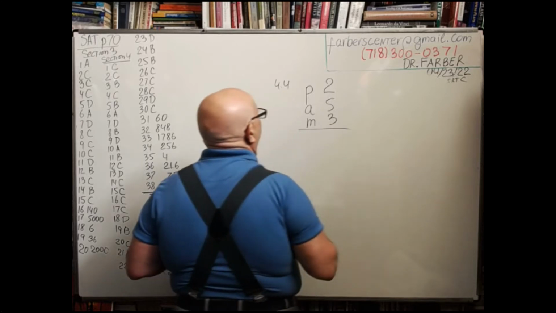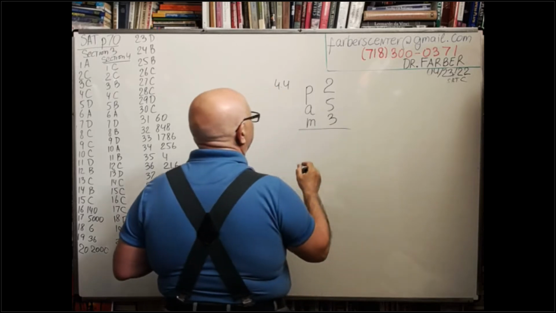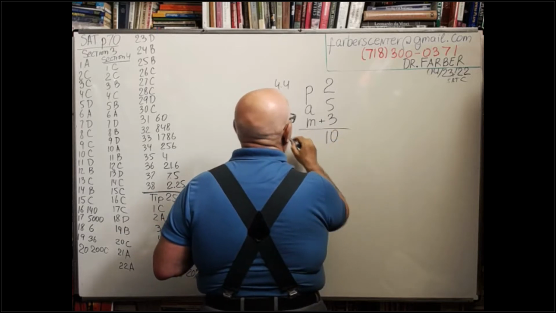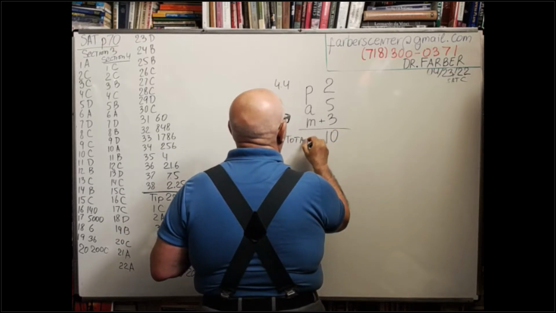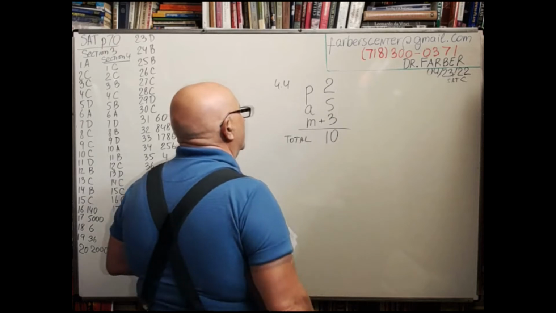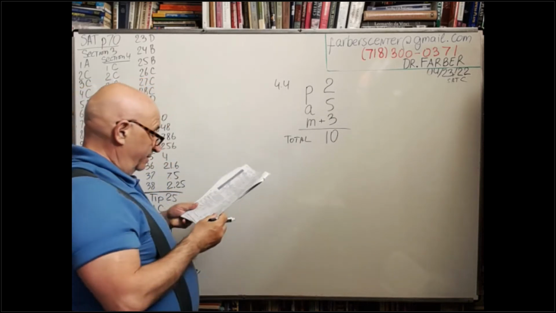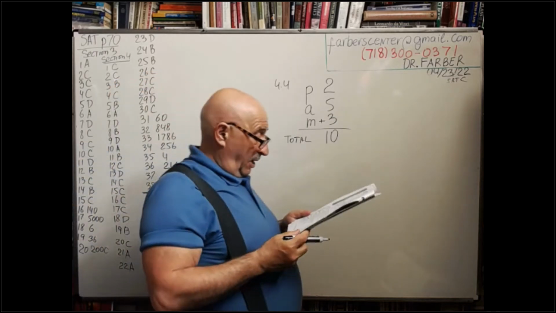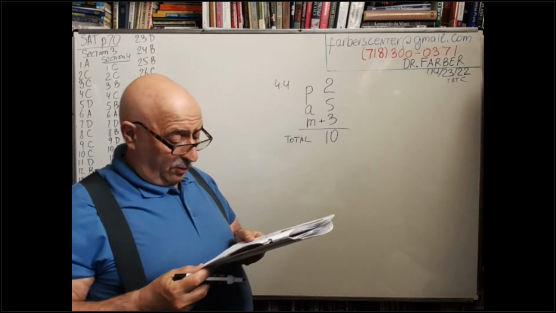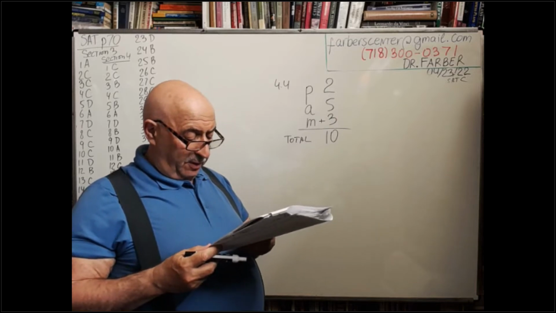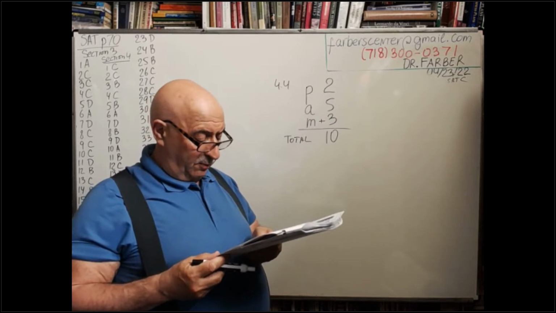If I add them up, I will get a total of 10 slides. Now, they shuffle these like cards, slides, nice scientist. And now the question is, select P followed by A.